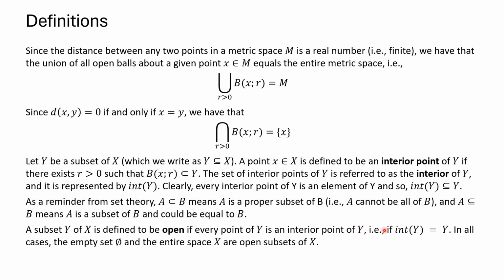So in other words, if the interior of y equals y, then we define y to be an open set. In all cases, in other words, for all metric spaces, the empty set and the entire metric space are open sets of x, our metric space.